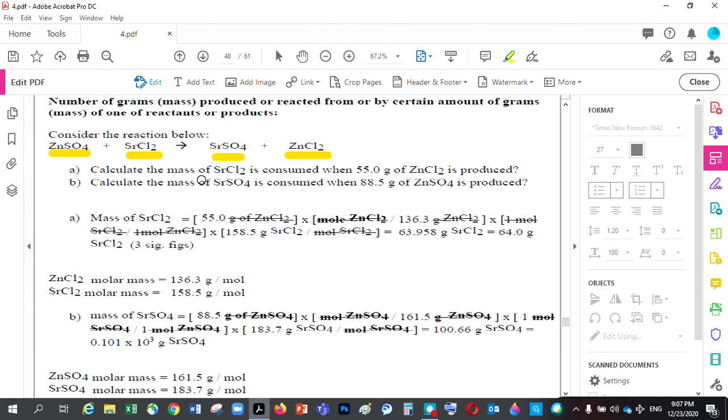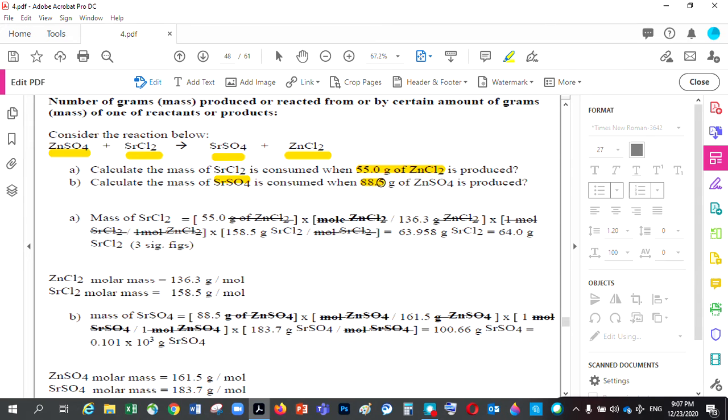It says calculate the mass of strontium chloride consumed when 55.0 grams of zinc chloride is produced. And then the other one, this time we are calculating the zinc chloride, one of the products. The other one, we have to calculate the strontium chloride consumed when 85 grams of zinc sulfate.